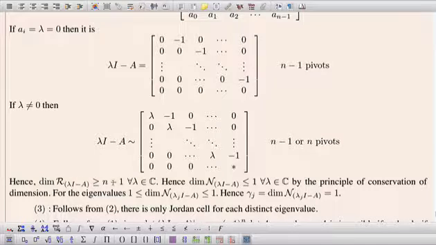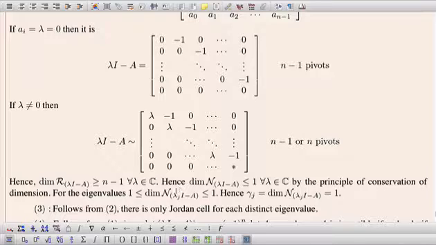Greater than or equal to n minus 1. That means that the dimension of the null space of lambda I minus A is less than or equal to 1 for all lambda, according to the principle of conservation of dimension, because the sum must be n.